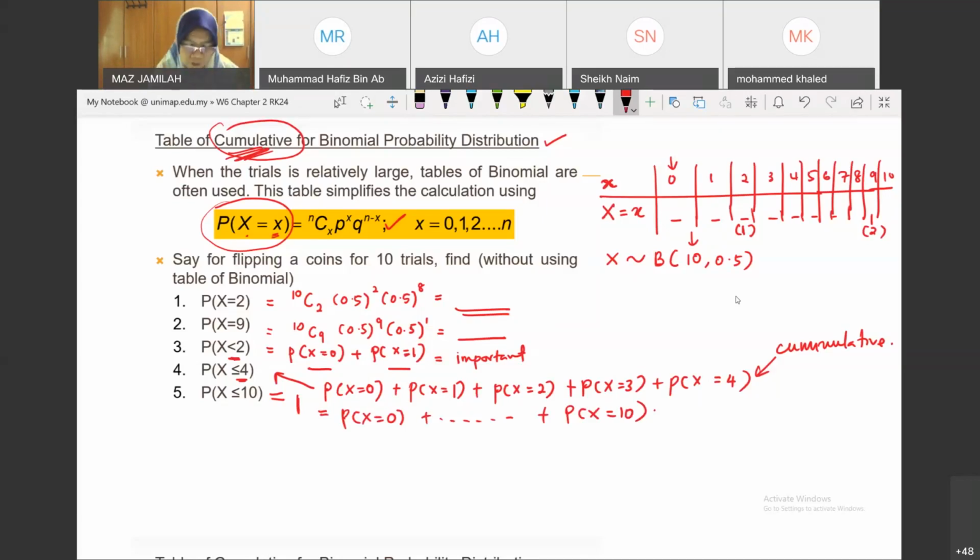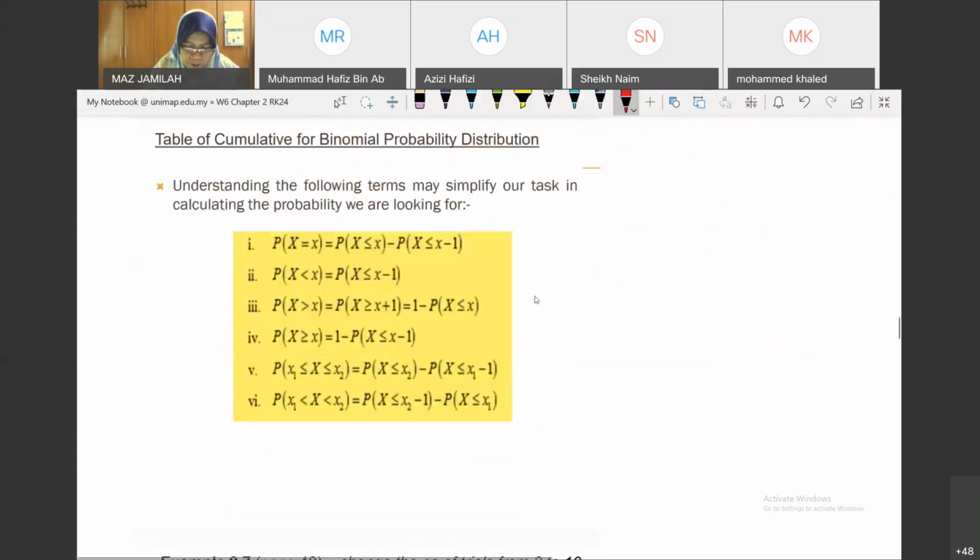probability distribution. Now, since we have these phrases, it is good for you to understand why these phrases are very important.